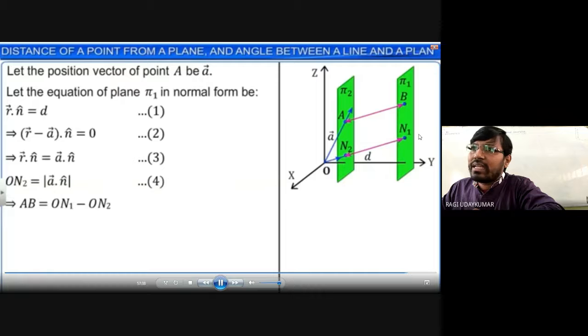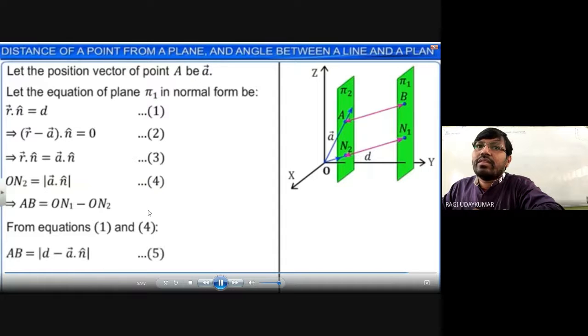O n1 minus O n2 is what you have to consider. So from equations 1 and 4, AB is equal to what do you get? D minus a bar dot n cap.